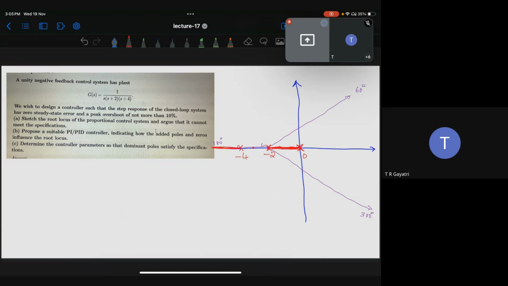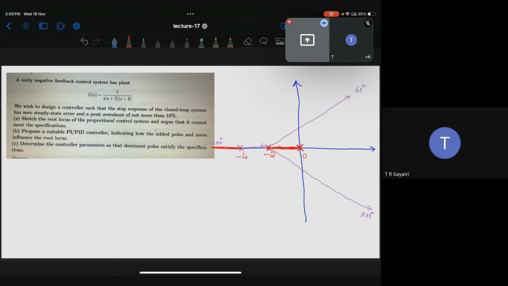Suppose you come here; on the right side you'll have two poles, hence this part is not part of the root locus. Now if you are at this point, the number of poles and zeros on the right side is 3, hence this is part of the root locus.